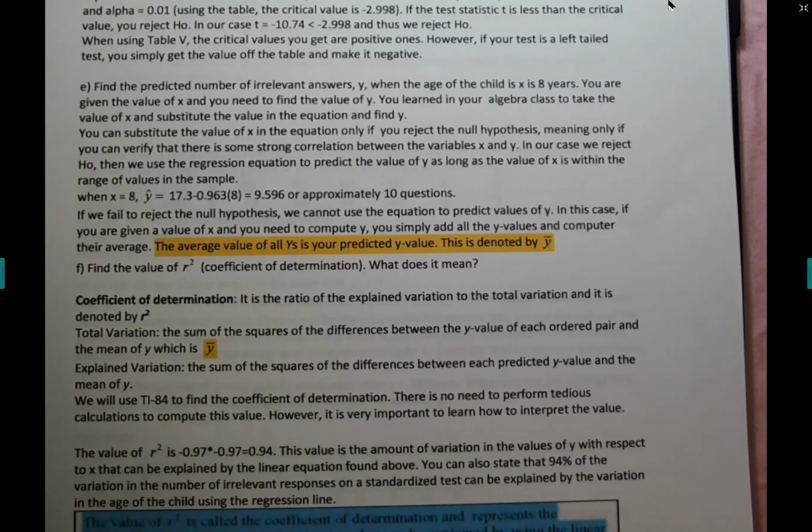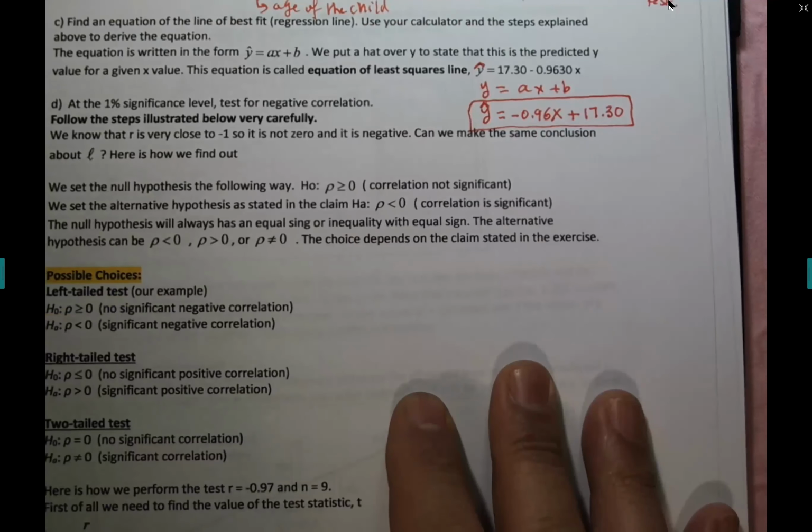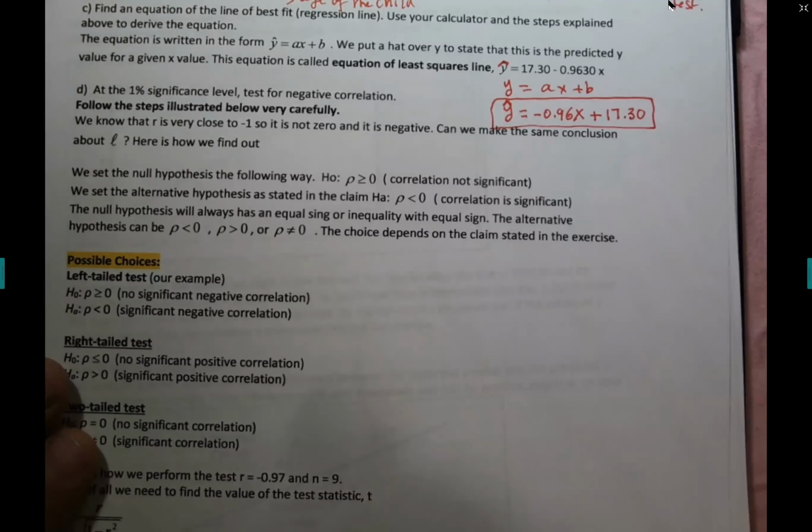Okay, let's see how you would answer this question. You have the equation that relates the age to the number of irrelevant responses. It's right there. I'm asking you to find the number of irrelevant responses when the age of the child is 8. What would you do to do this if you have the equation?